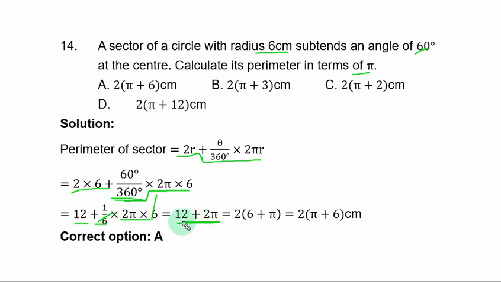If you factor out 2, you have 2 bracket open 6 plus pi, which can be expressed as 2 bracket open pi plus 6. Addition is commutative, and as such, 6 plus pi is the same as pi plus 6. So A is the correct option.